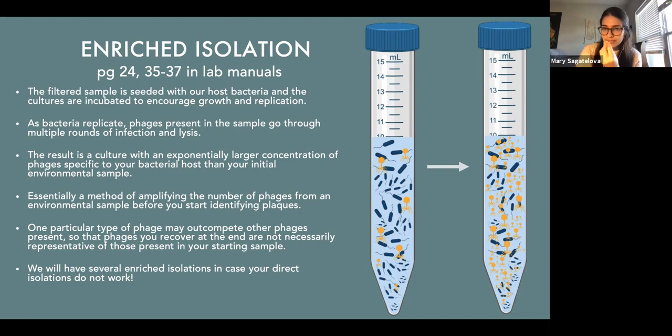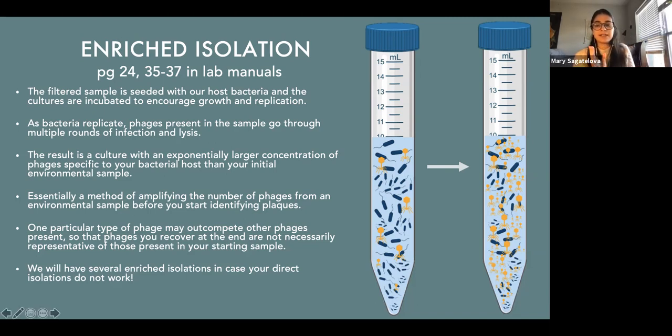With an enriched isolation, what we do is we seed that phage filtrate with a culture of our host bacteria and let it incubate for a couple days. So what happens is that the bacteria are going through replication, and the phages are going through several cycles of infection and lysis, such that the culture you produce after those couple of days is a sample that has a really high concentration of phages that are very specific to our host when you compare it to your initial sample.